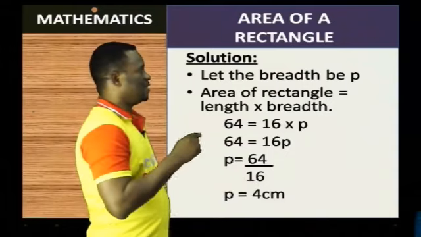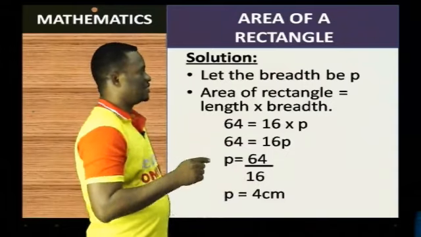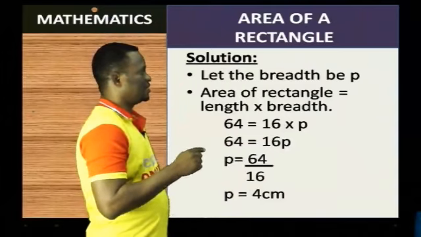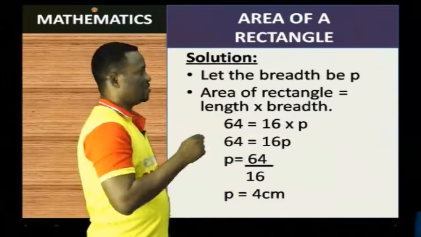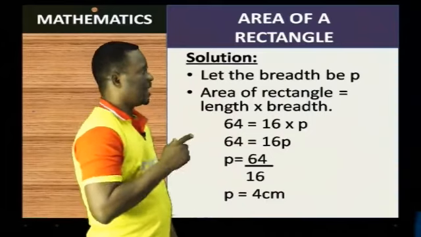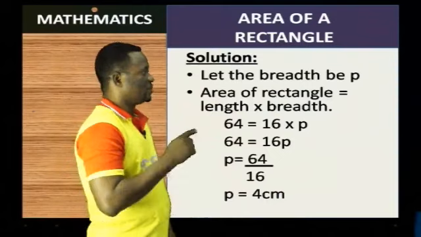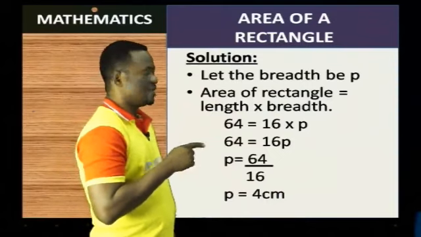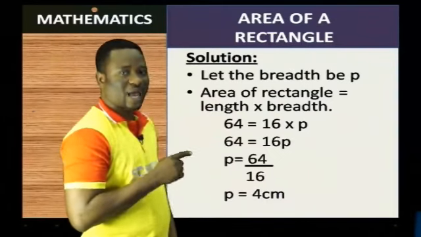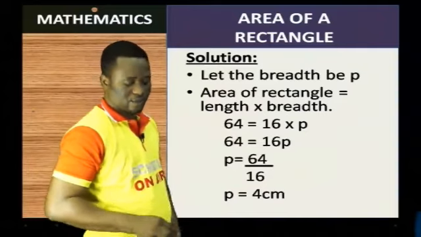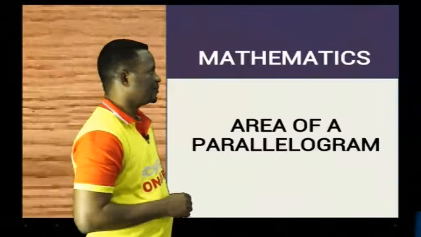This means that the breadth will be 4 centimeters if the length is 16 centimeters, for us to have the area as 64 centimeters squared. Students will note that the unit here is also centimeter and not centimeter squared.